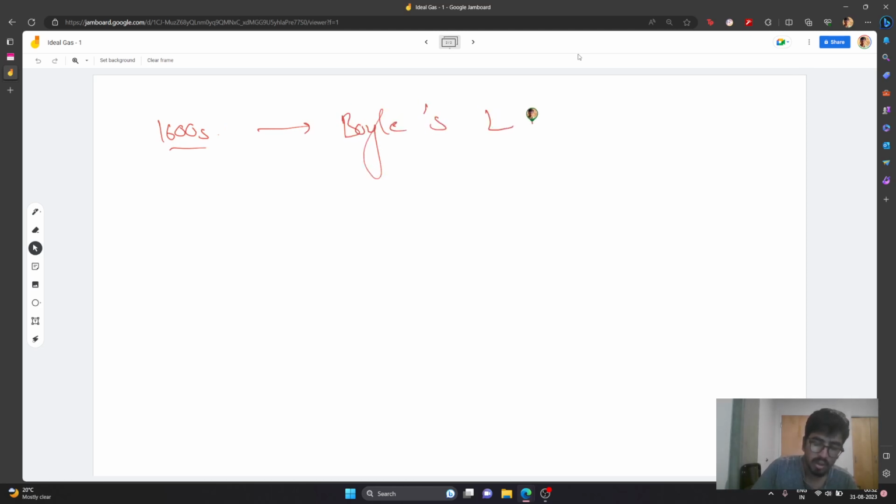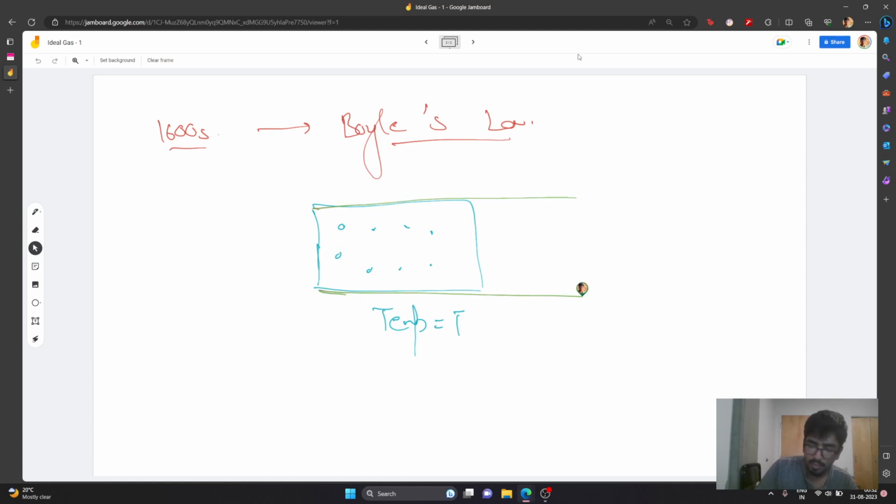He observed that if I put a gas in a chamber, with particles here, and the gas is at temperature T, and there is a piston here, and you push the piston in, you get to this point where the gas is compressed, but the temperature is still equal to T.